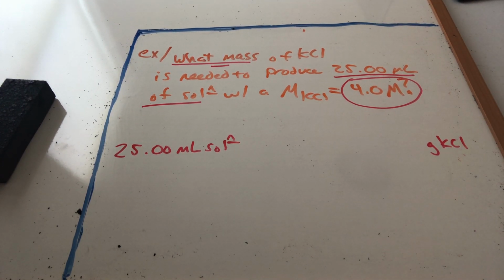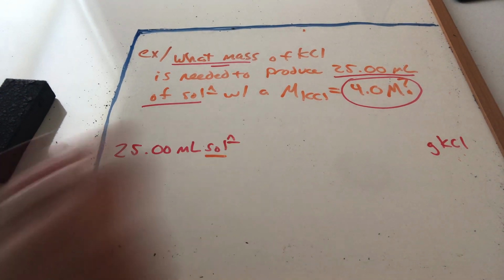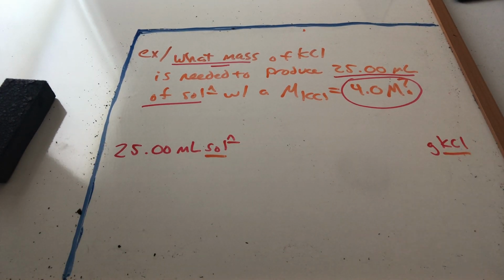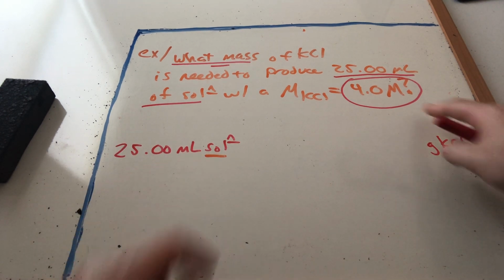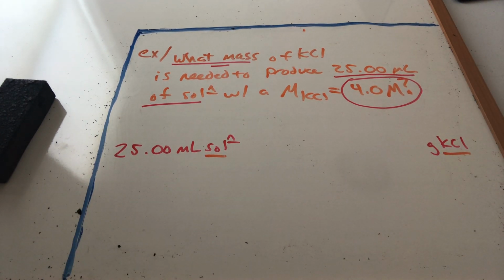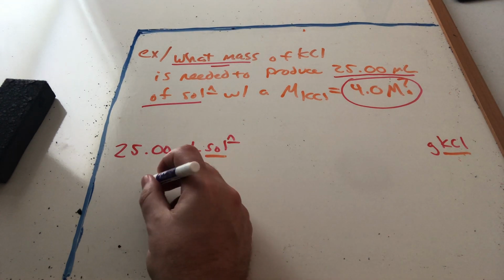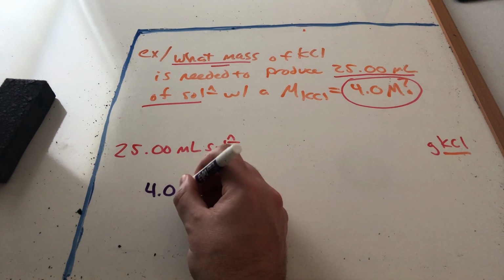Now normally our next step is to analyze and say, hold on a second, all right? These are different identities, so we need a mole to mole bridge in the middle, but for these solutions, right, that have a molarity, there's a different thing that links solution to solute, and it's molarity, right? And what I like to do at the beginning of these problems is write down the molarity information that I'm given as a conversion factor.